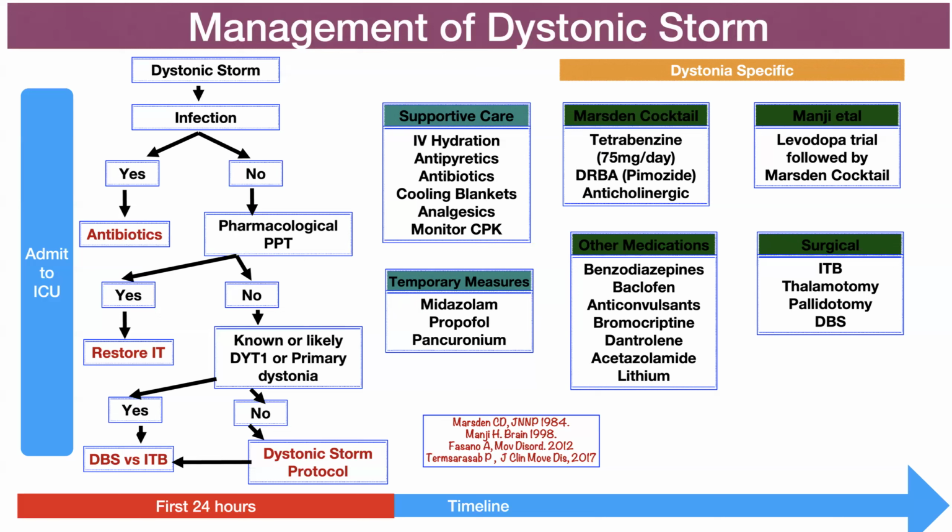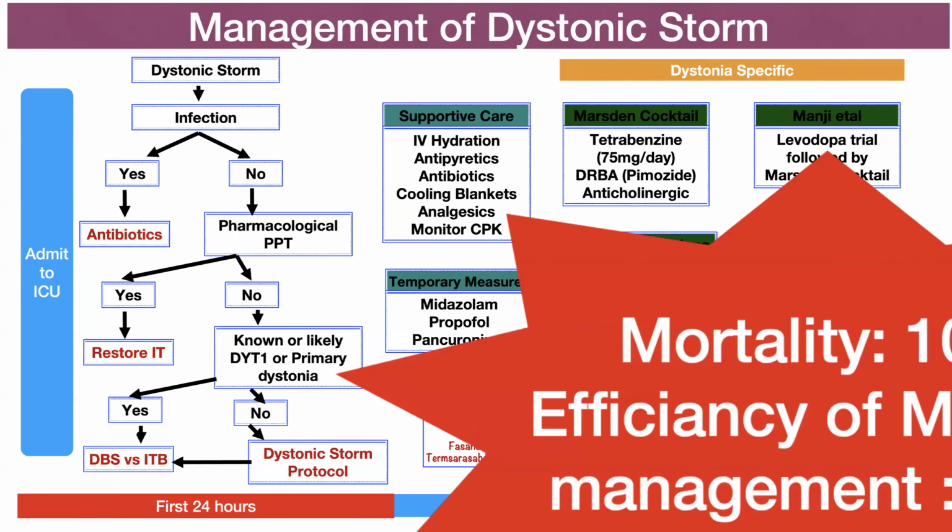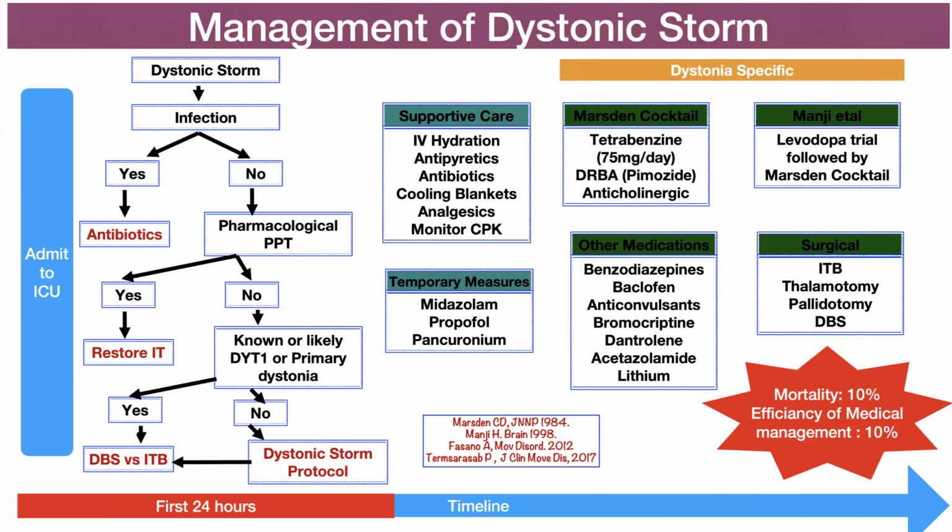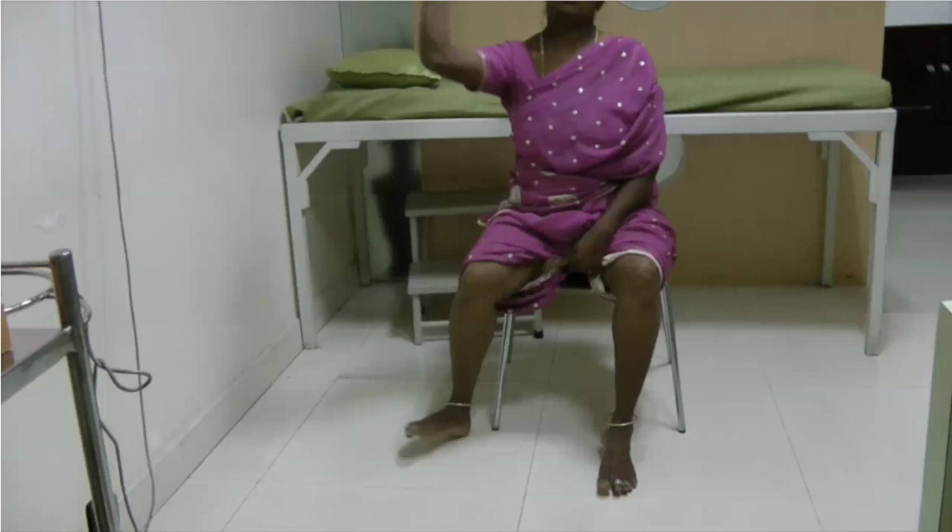If medications are not giving satisfactory improvement, surgical therapies or intrathecal baclofen are considered as a choice of treatment for patients with dystonic storm. Please do remember that there's a mortality of around 10% and the efficacy of medical management is also around 10%.